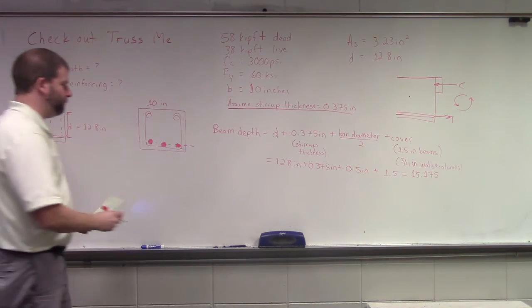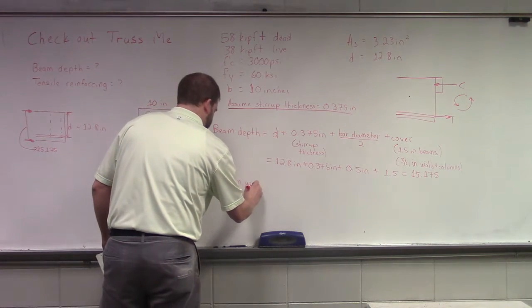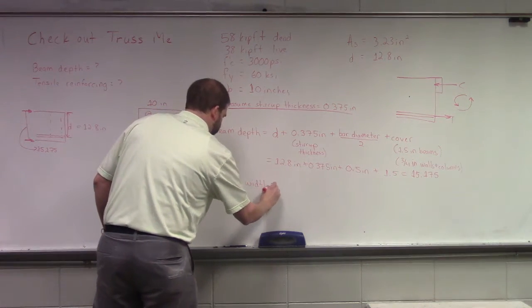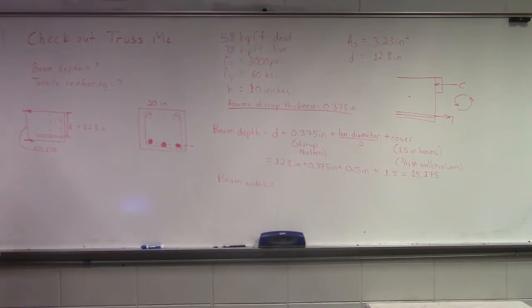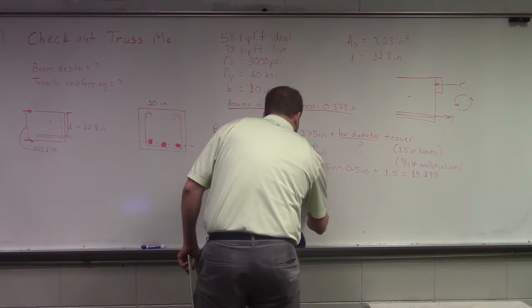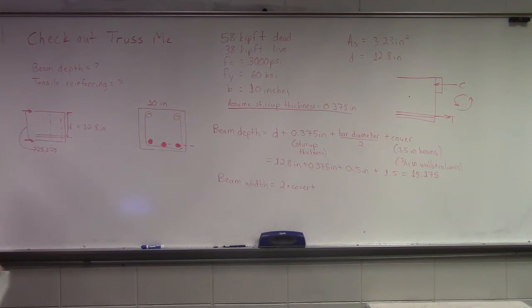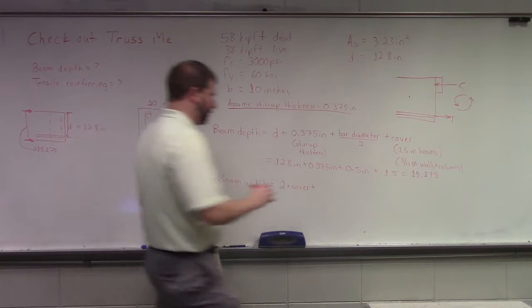Because what is our beam width going to look like? You're going to have 1.5 on the side. On each side, right? Yep. So we need 2 times our cover. What about the stirrups? We're going to need 2 times our stirrups, right?